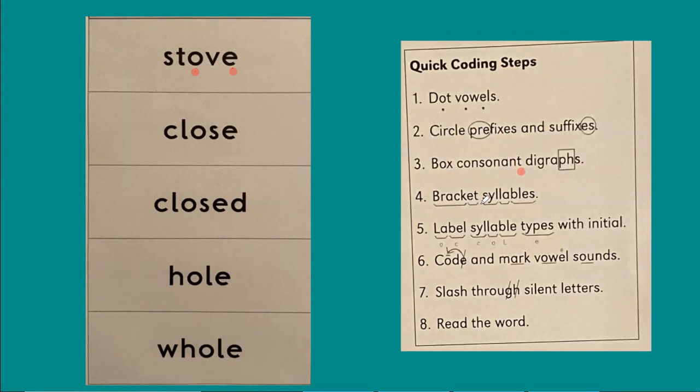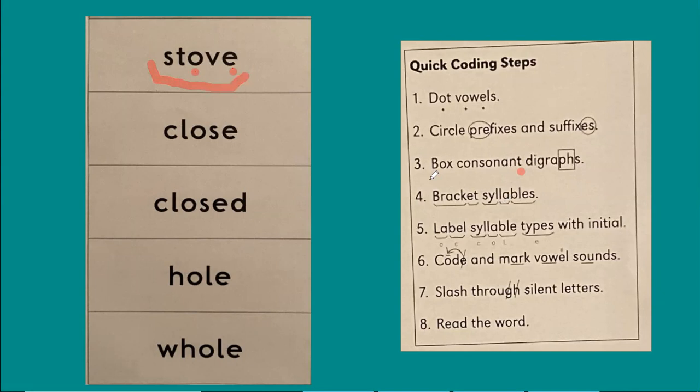The next thing is to bracket syllables. So let's say the word stove, and I want you to clap. Stove. You only have to clap one time. So that's one syllable. So we're going to make one big bracket. We're going to do the whole entire word, stove.